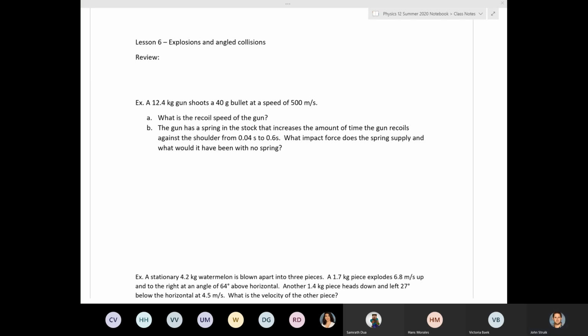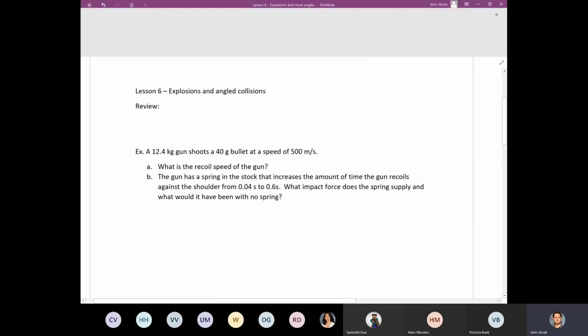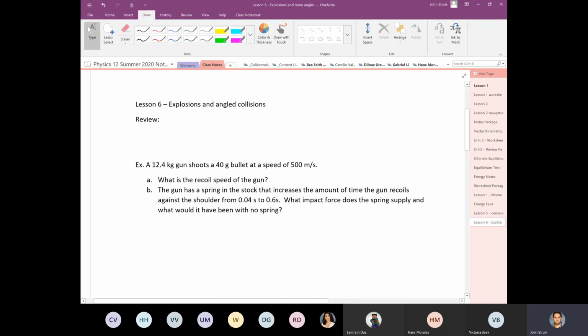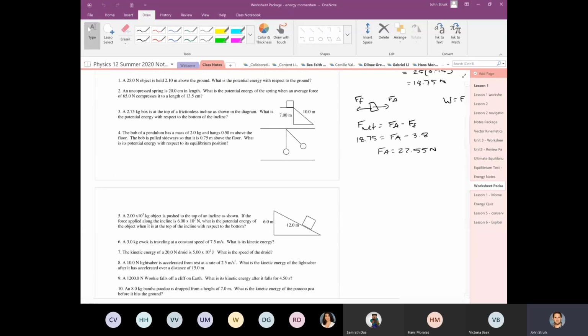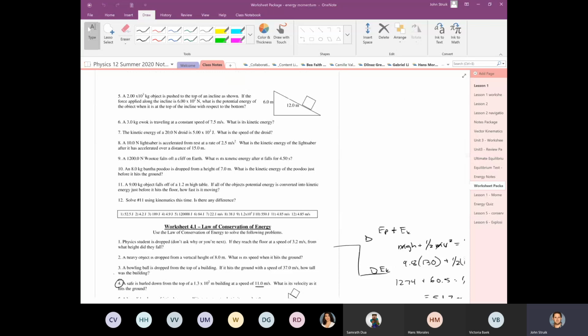Oh, here we go. What's this? I have questions. Okay, perfect. From the worksheet package. Do I have the worksheet package here? Oh yeah, I do. I cannot hear you, no. It says you're muted though.